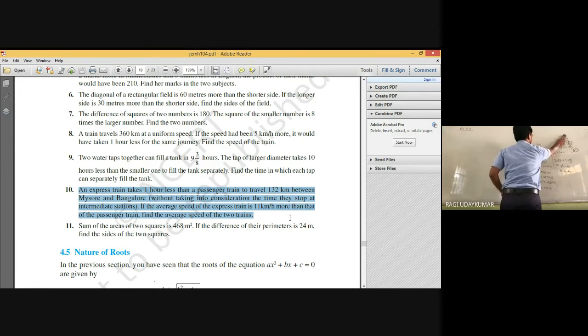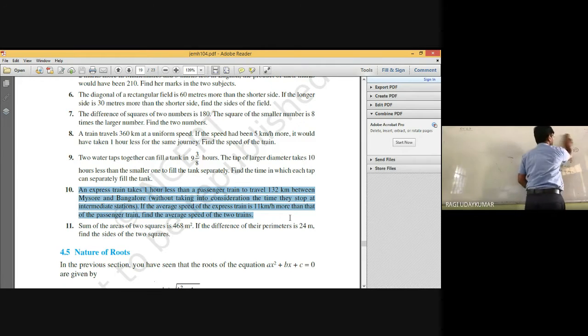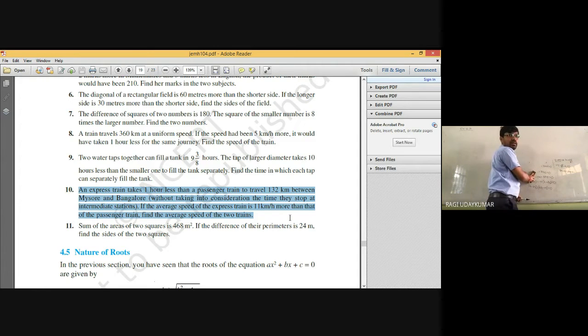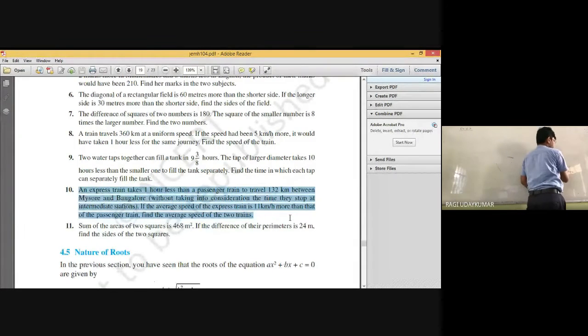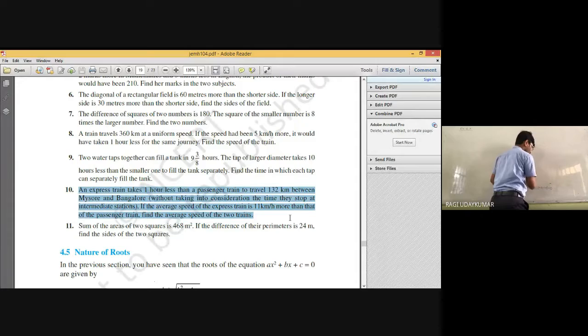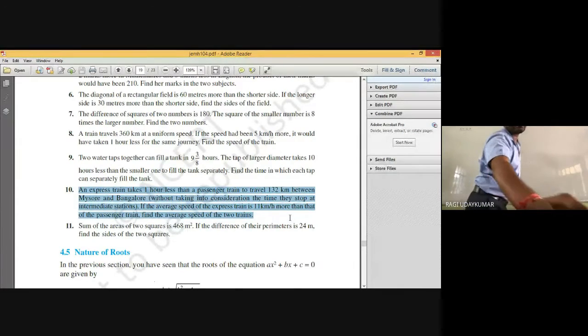Express train will take 1 hour less than the passenger train to travel 132 kilometers. If the express train speed is 11 kilometers per hour more than the passenger train, so passenger train speed you have to consider x.